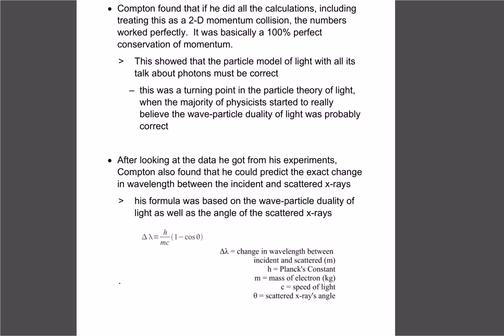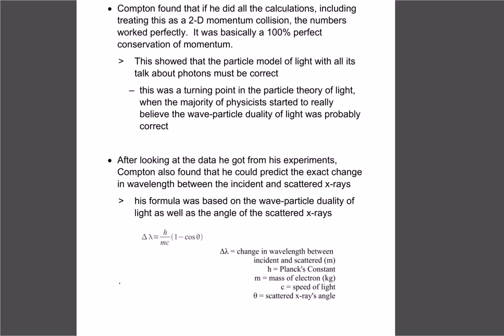Compton did this calculation in two dimensions with all these different things, and he found that it was basically perfect, 100% conservation of momentum. If you remember back in the first unit, momentum quite often wasn't conserved due to extra losses of energy, heat and things like that. But in this case, at this microscopic level, Compton found that it worked almost perfectly.